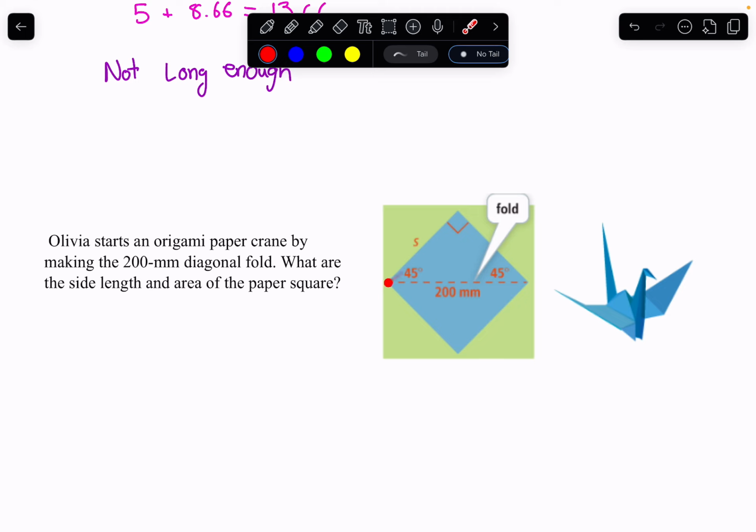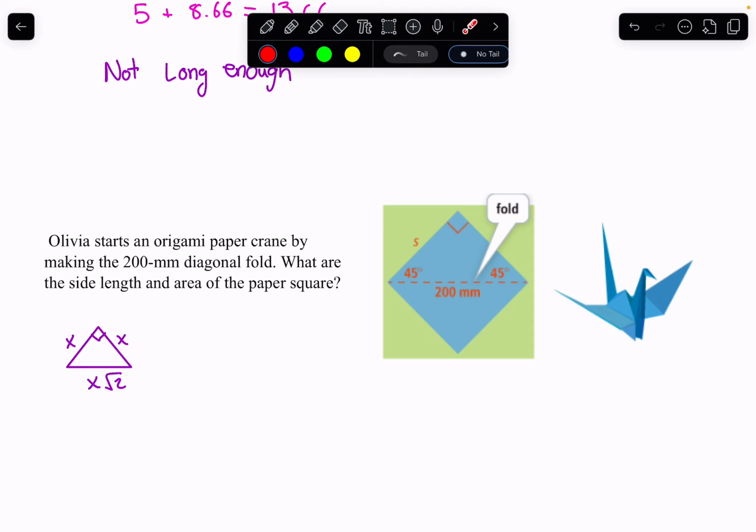So this is a 45, 45, 90 right triangle. But we are used to seeing 45, 45, 90 right triangles where we have x, x, and x root 2. Here, 200 is not anything root 2. It's just 200. So this is the side we would normally call x root 2.